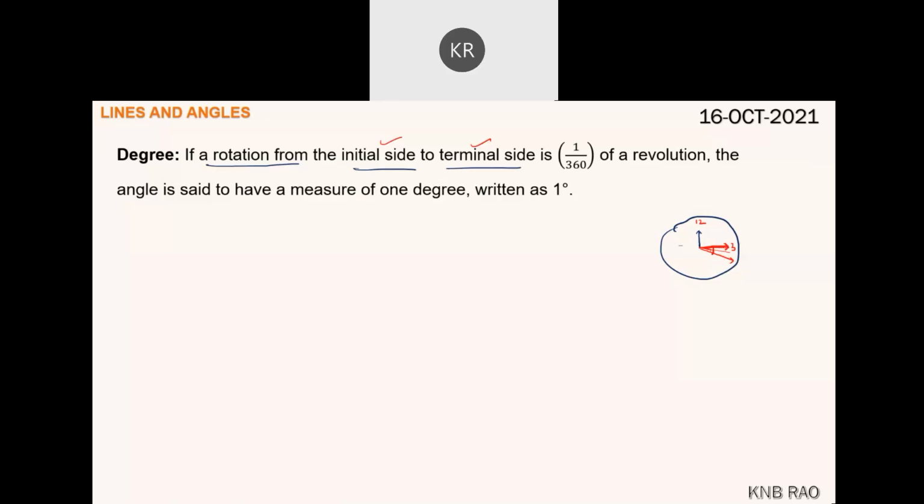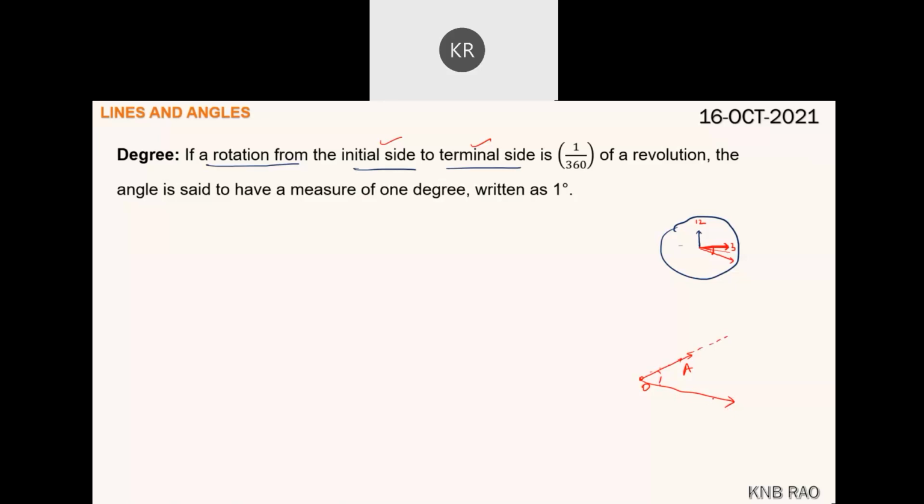So, the initial position of the minute's hand, and with only one hand you will have an angle getting produced. This is the initial position of a ray. After movement, it came here. From the initial position to this terminal position, meaning the next final position, you could see some angle formed.